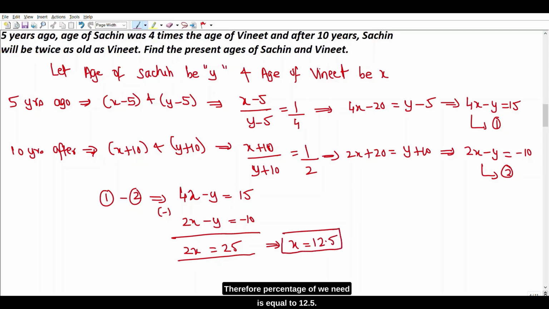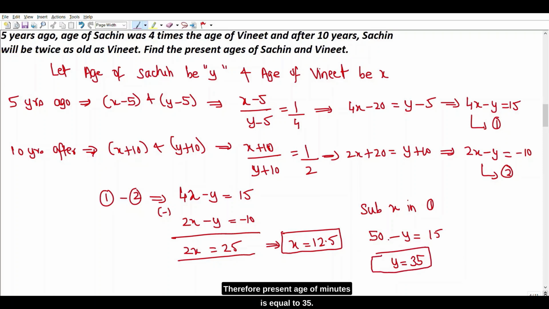Therefore, present age of Vineet is equal to 12.5. Substitute x in 1, we get 4 times of 12.5 will be 50 minus y equal to 15. Therefore, y is equal to 35. Therefore, present age of Sachin is equal to 35.